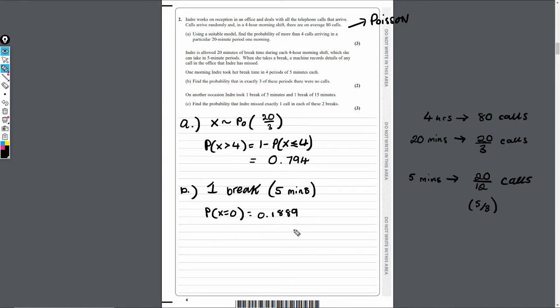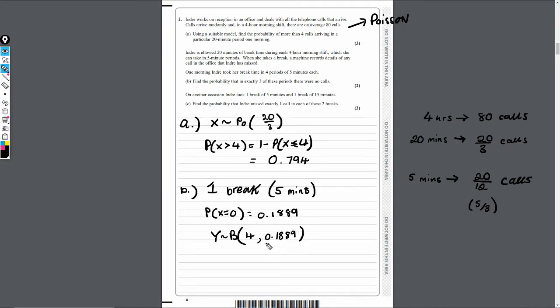Now, we've got a fixed number of trials, there's 4 periods. So now we can use a binomial distribution, okay? So if I say that Y is modeled by a binomial distribution, where my n, so there's 4 breaks, that'll be 4. And the probability is this here. That's the probability that there's no call, 0.1889.